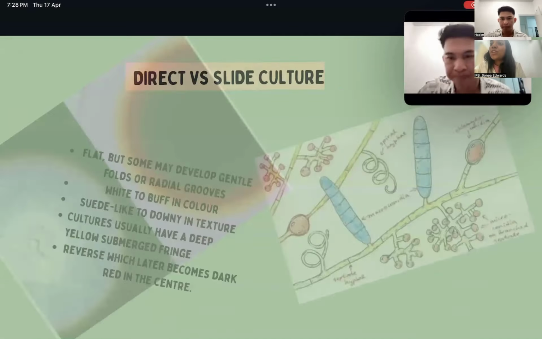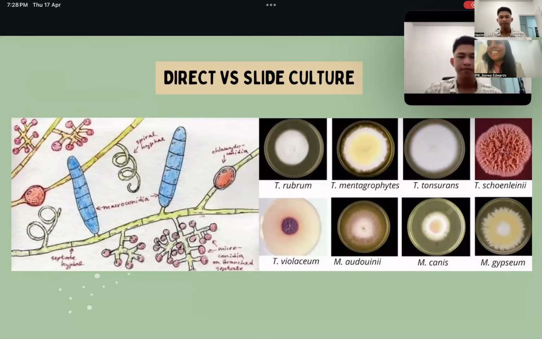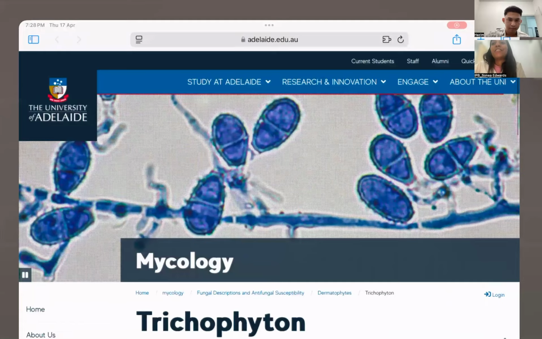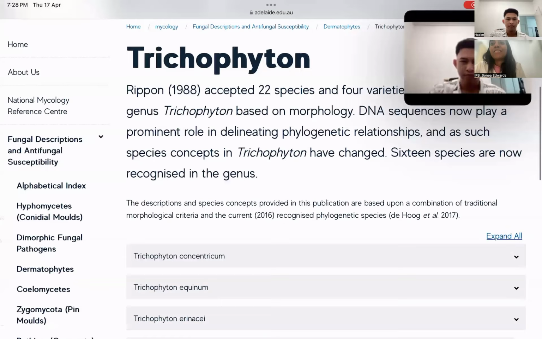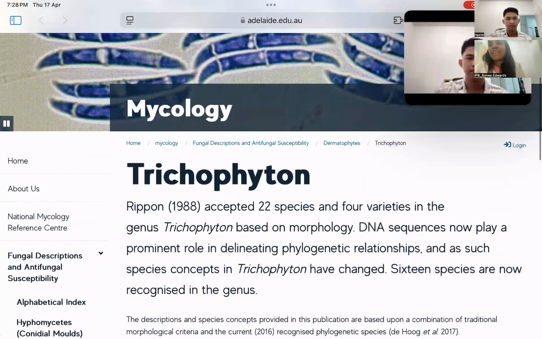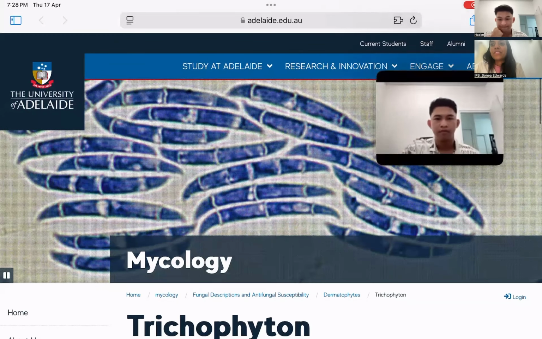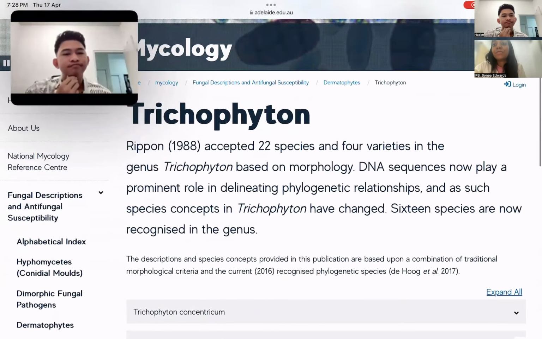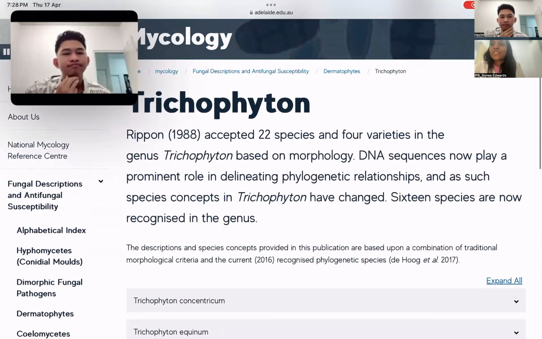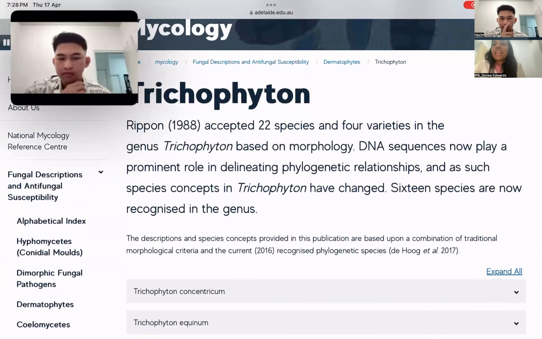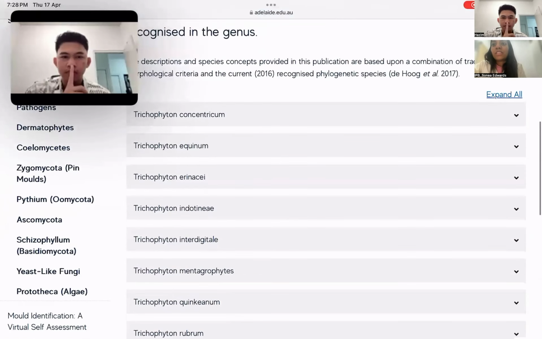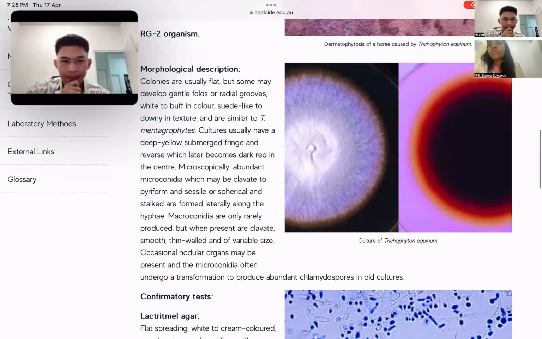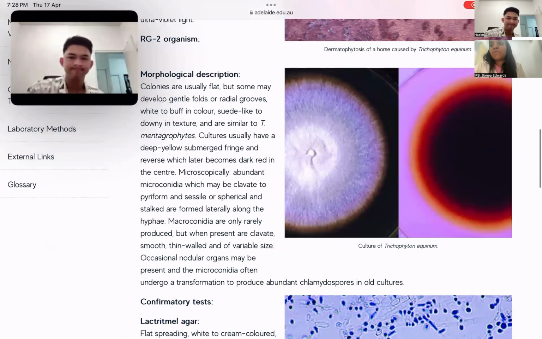So I can show y'all where I got the image from, just in case y'all don't believe me. So as you can see, I got it from this website. It's called the Adelaide, from University of Adelaide. So they did research about the Trichophyton, as you can see, done in 1988. So he did about 22 species. And so it happened that Trichophyton equinum is one of the species that we did about. As you can see, this is the morphology they found, which is the picture we used.